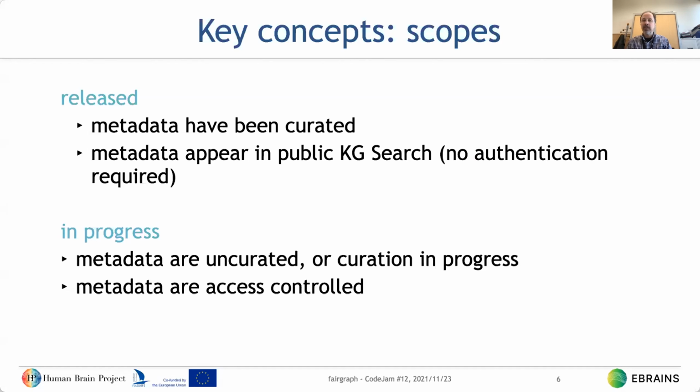In progress means the metadata are either uncurated or the curation is incomplete, and these metadata are access controlled. So by default, anyone can use Fairgraph to access released data, but unless you are a curator or have other permissions, you won't be able to access the in progress metadata unless you create it yourself. And I'll come to that a little bit later on.